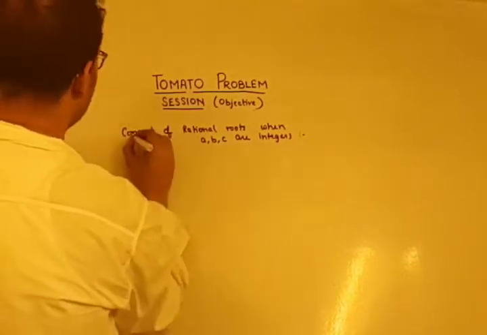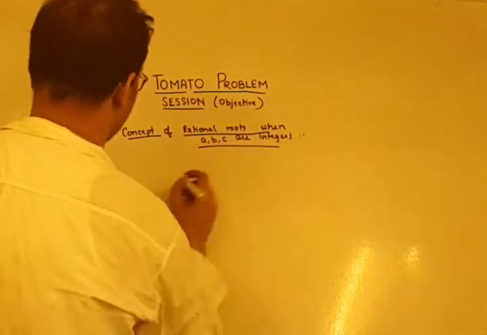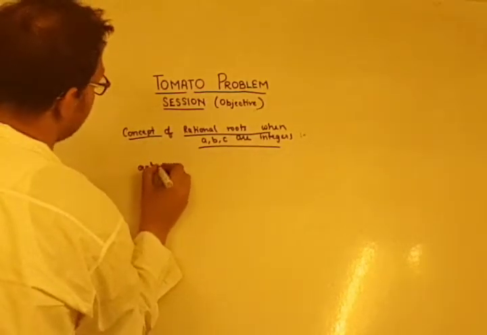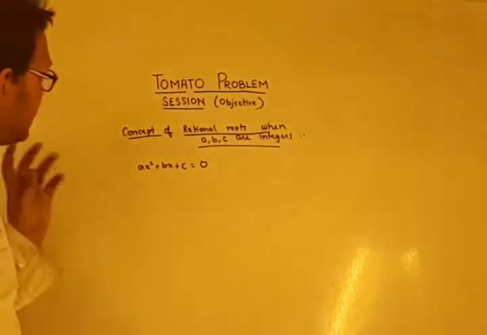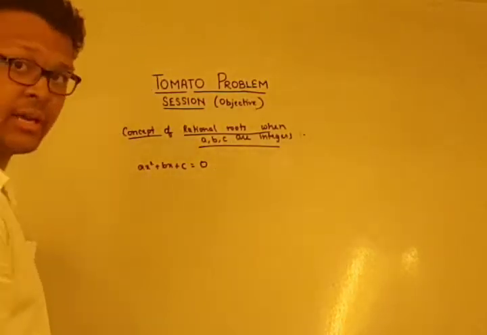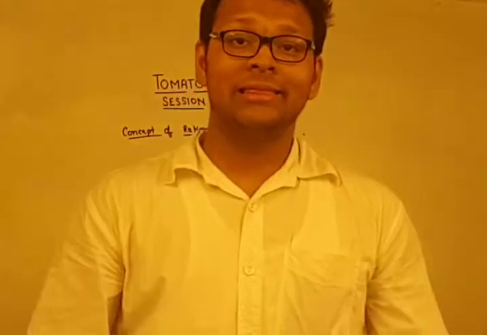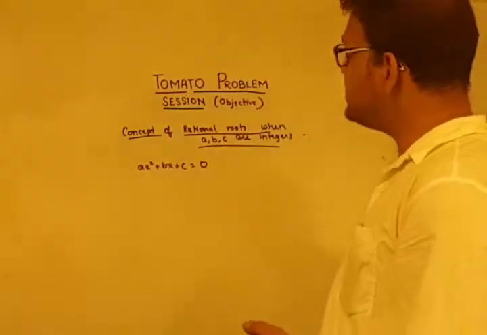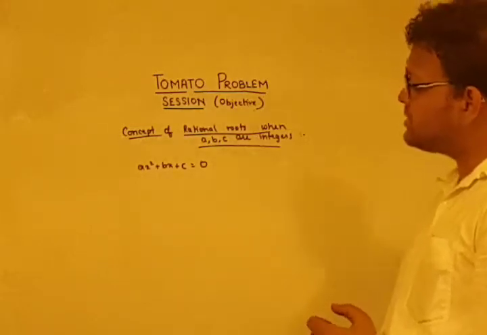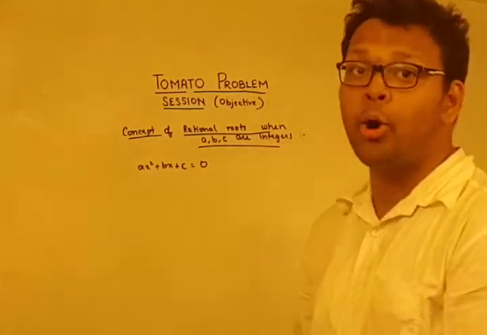Here we will deal with rational roots where in the equation ax squared plus bx plus c, A, B, C are integers. What can be the conditions for gaining a rational root? There might be many possibilities. First we consider the possibility that A, B and C are all odd.